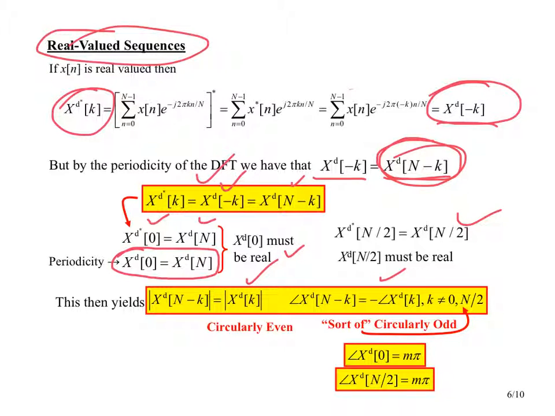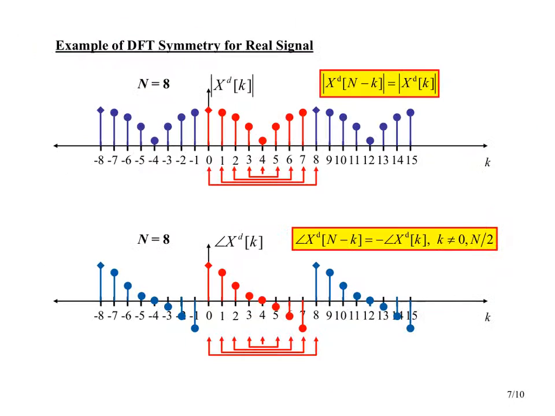I say sort of just because it doesn't quite exactly meet the requirements that we had. The angle at halfway through doesn't have to be zero, it could be m times pi, so it's not quite exactly how we define circularly odd, but it's pretty close.